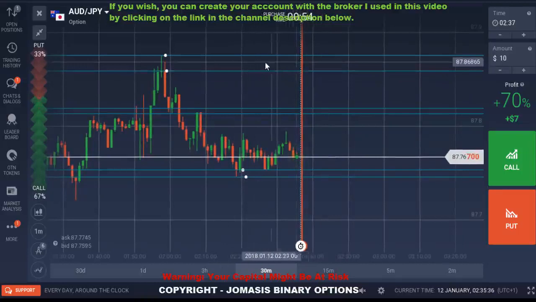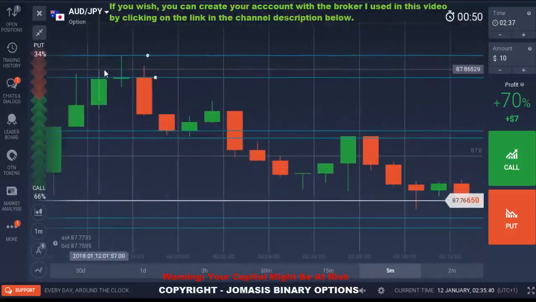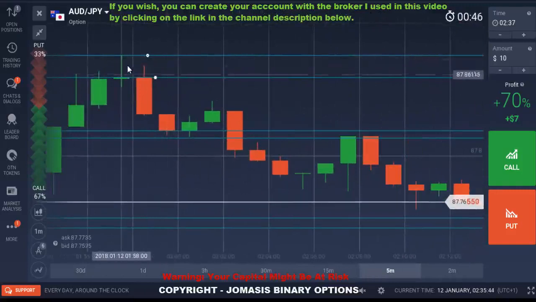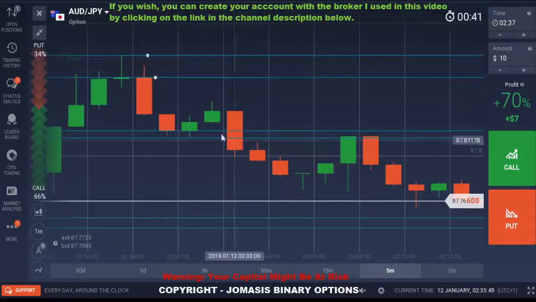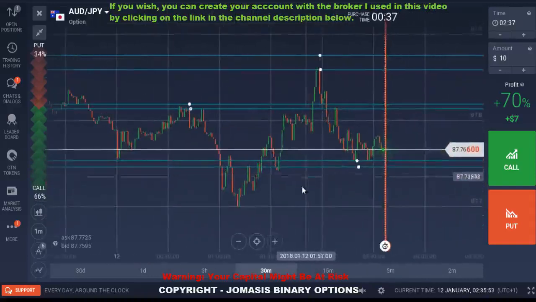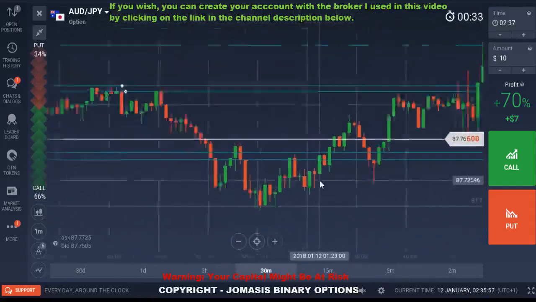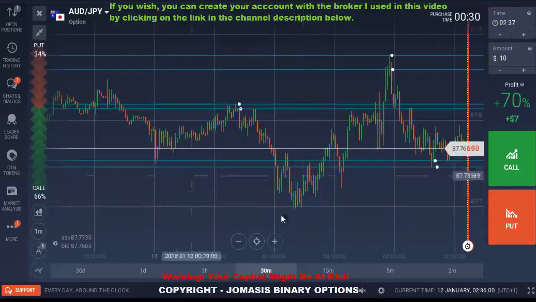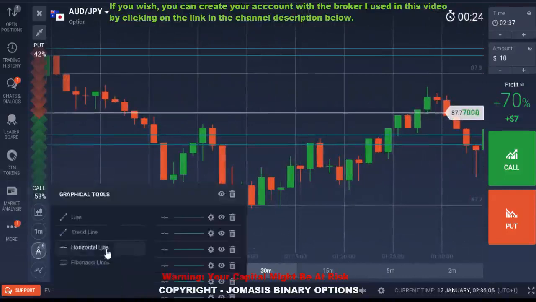It doesn't break because it is a resistance level, a place where sellers are waiting. When this market hit this level, sellers entered the market and started moving the market downward. And here, let me draw this support line.